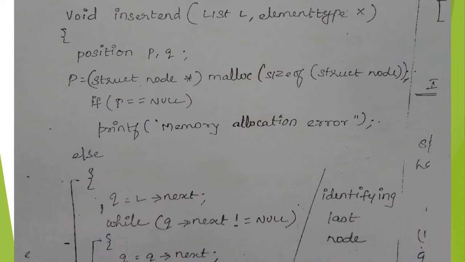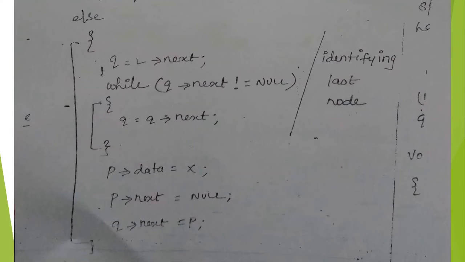If memory is successfully allocated for node P, we should insert it at the last position of the list. For this, first set header L's next value as Q. In the while loop, check if Q's next value is not null. If there is a next node, then move Q forward by using Q is equal to Q's next.